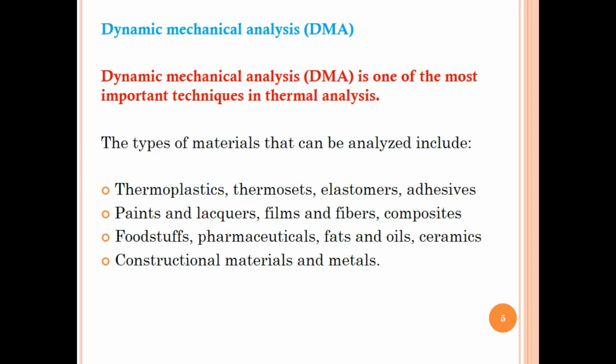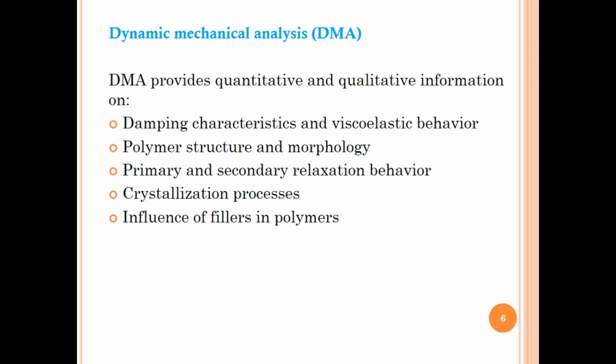DMA analysis can also be performed for paints and lacquers, films and fibers, and various types of composites, foodstuffs, pharmaceuticals, fats and oil analysis, ceramics, construction materials, and metal analysis. DMA provides quantitative and qualitative information on these aspects. Quantitative is how much and qualitative is what it is.